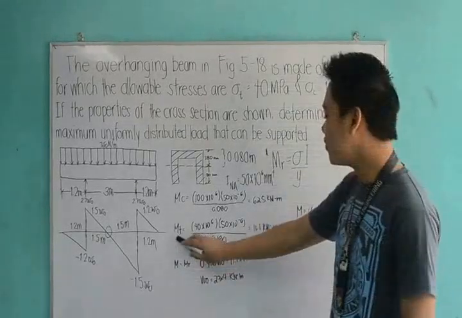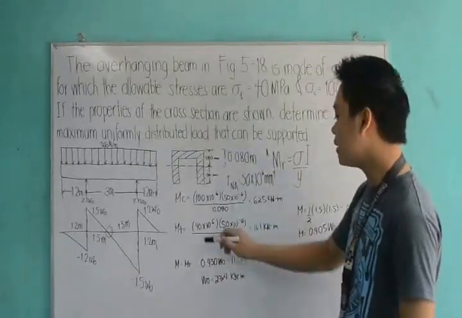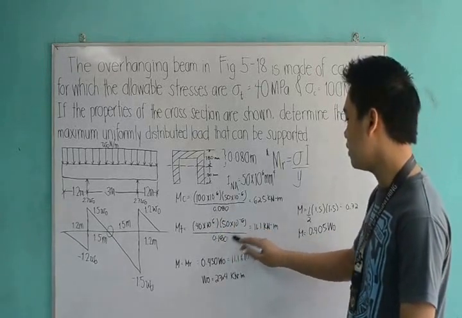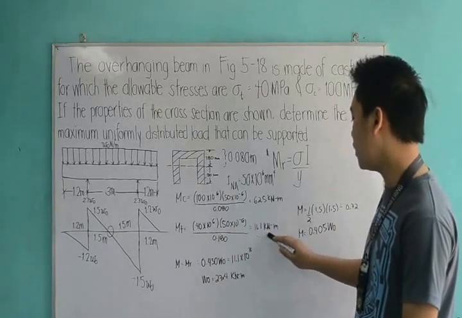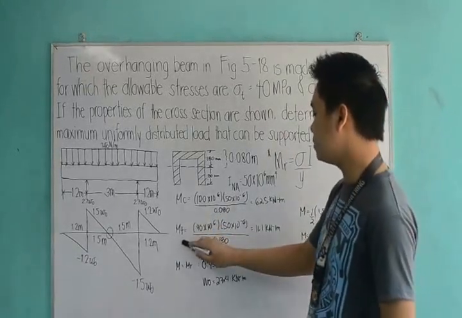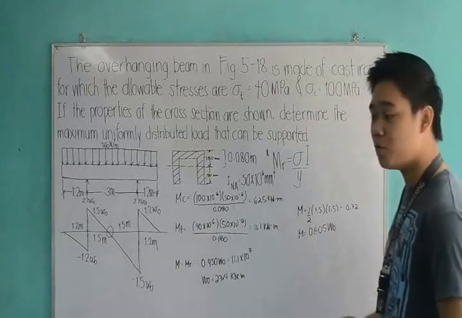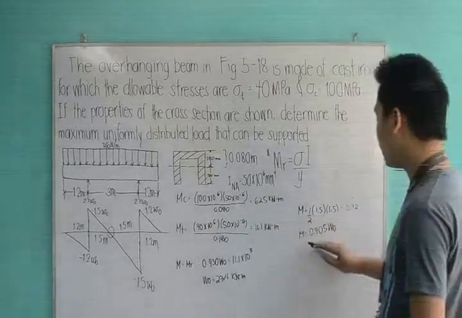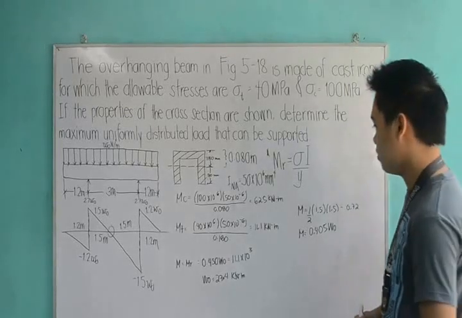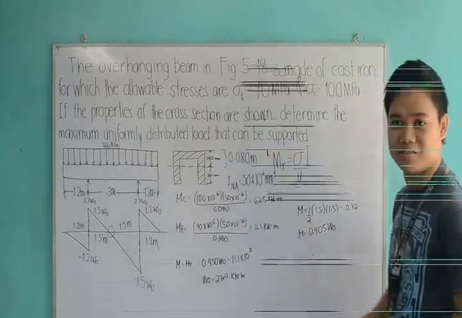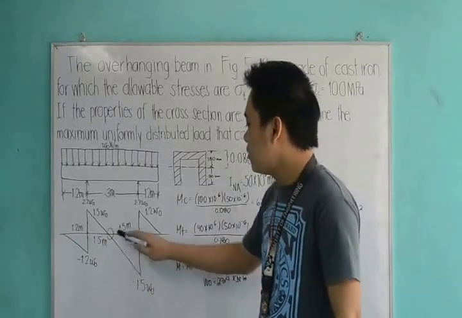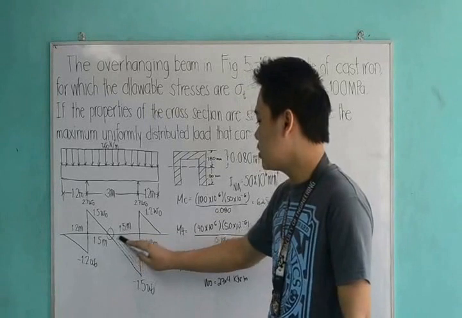The second one is the moment tension: 40 times 10 raised to 6 times 50 times 10 raised to negative 6 over 0.180 gives us 11.1 kilonewton meters. After deriving the M sub C and the M sub T, we have to compute first for the M, which gives us M is equal to 0.405 omega O. We're getting the moment at x equals 1.2 meters and x equals 2.7 meters.